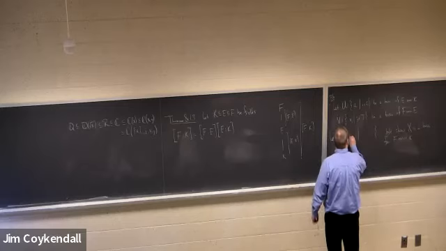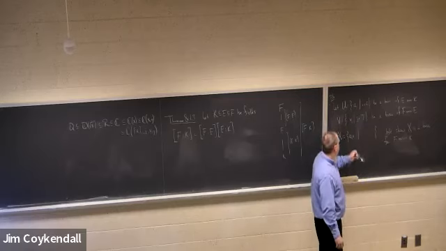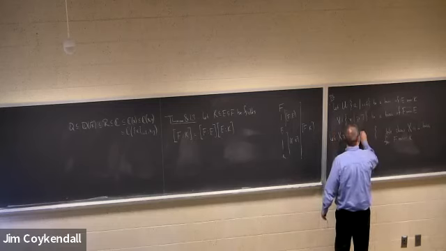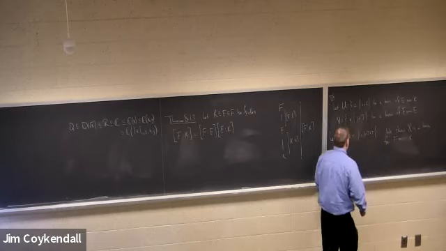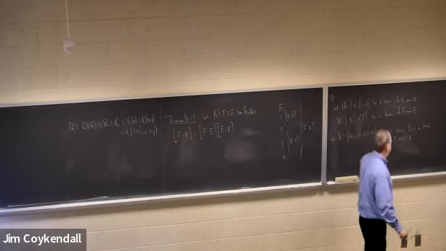Yeah, why don't we do that? I claim that if I look at all possible pairs, let's say (i, j) in I cross J, then the products a_i b_j will be a basis of F over K.